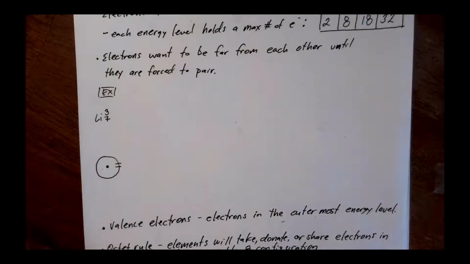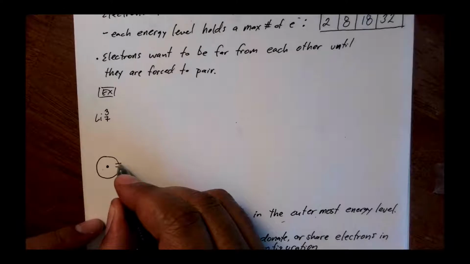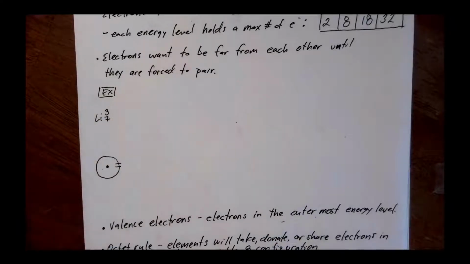If I assigned you helium, you would do 2 and they would both be on the right. But since I assigned you lithium, and lithium has an atomic number of 3, its neutral version would also have how many electrons?